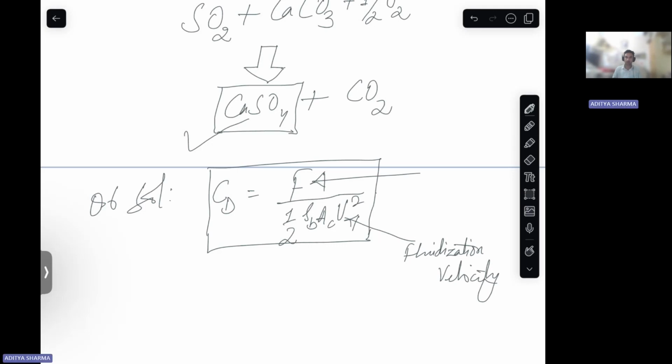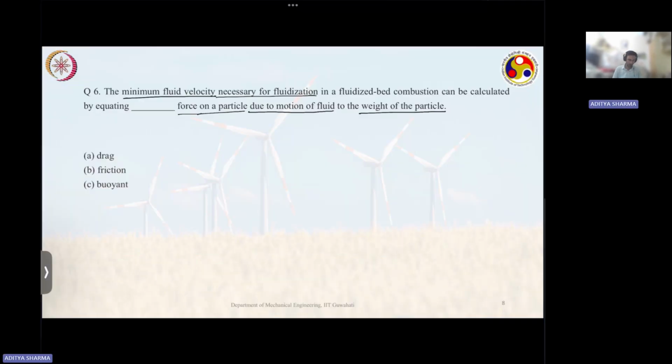So if r is the radius of the particle, then it will be pi r square. This is your weight of particle. So this way we equate drag force and the weight of particle. Now if you see the question, A option is the correct option.